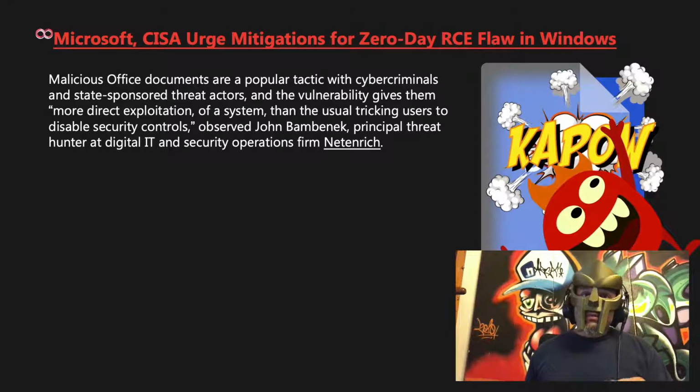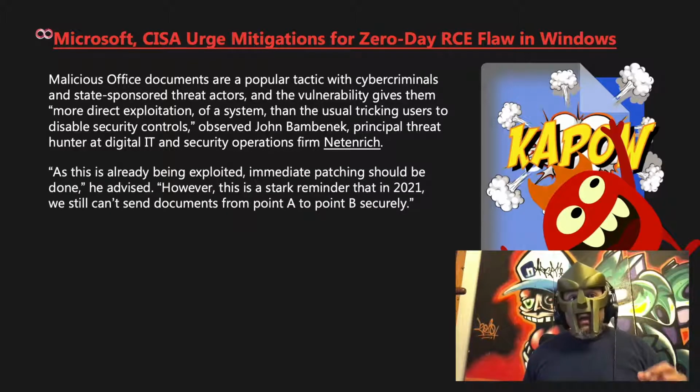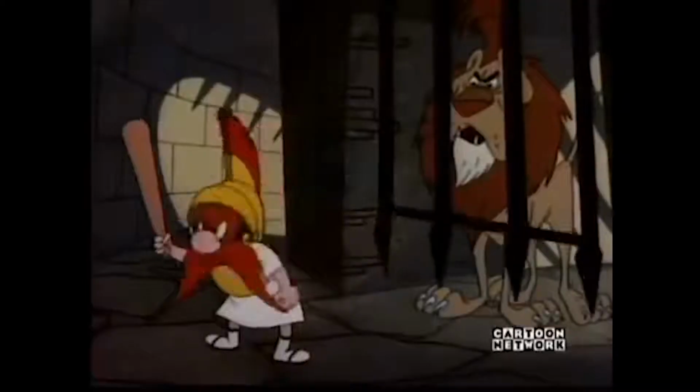Malicious Office documents are a popular tactic with cybercriminals and state-sponsored threat actors, and the vulnerability gives them more direct exploitation of a system than the usual tricking users to disable security controls, observed John Bambanek, principal threat hunter at digital IT and security operations firm Netenrich. As this is already being exploited, immediate patching should be done, he advised. However, this is a stark reminder that in 2021 we still can't send documents from point A to point B securely.